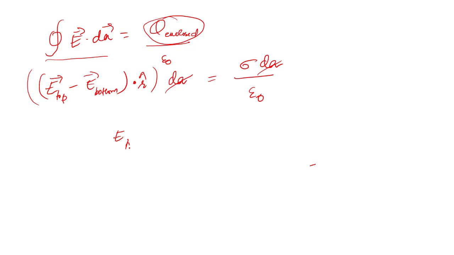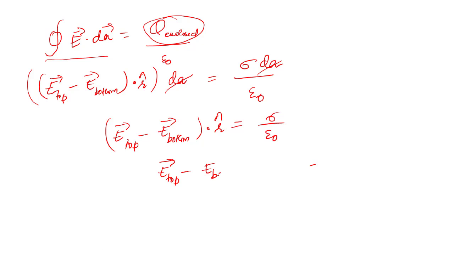Then I can write E top minus E bottom dot r as sigma by epsilon naught, or I can write it as E top minus E bottom equal to sigma by epsilon naught r.